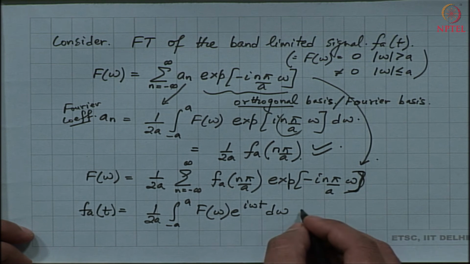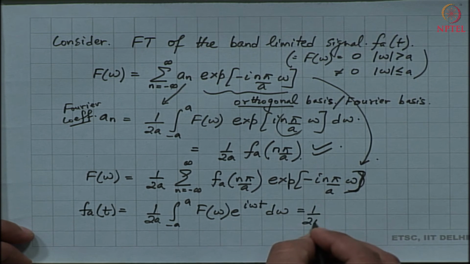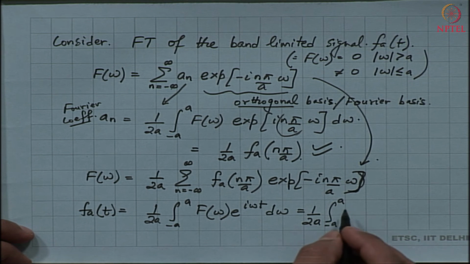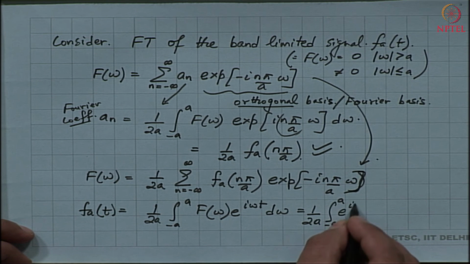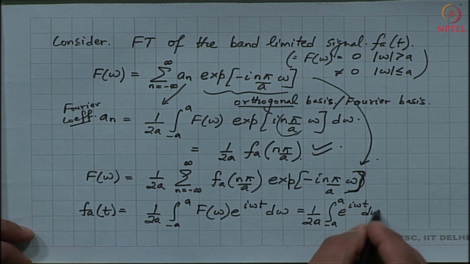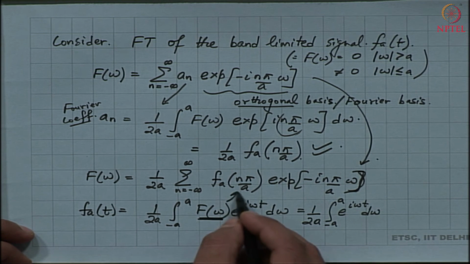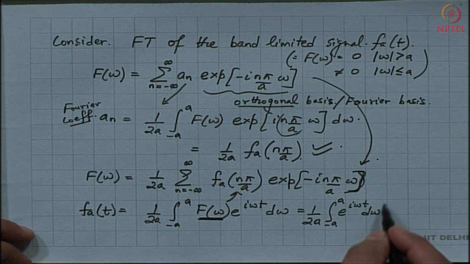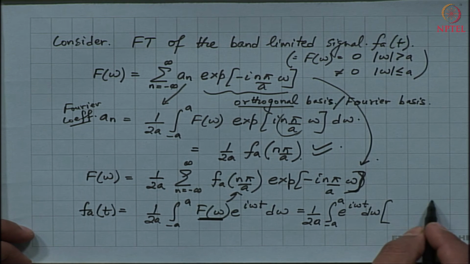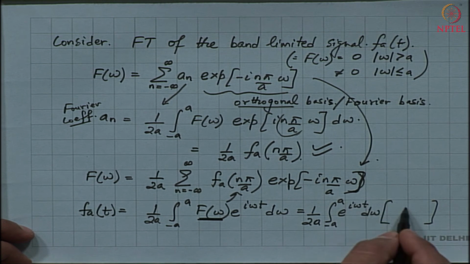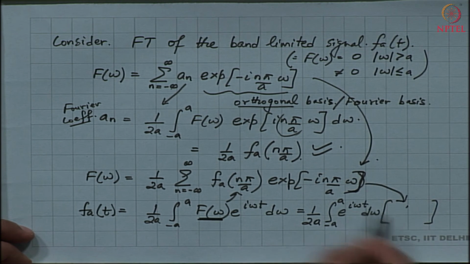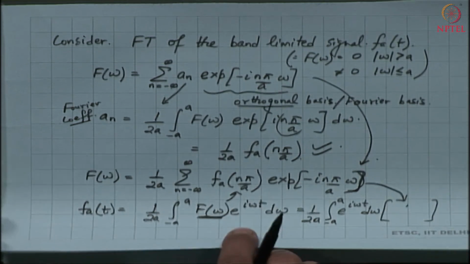Now, this is also equal to 1 by 2a integral from minus a to a e to the power i omega t d omega, and I am going to replace F(omega) by the result above. So, let me do that.